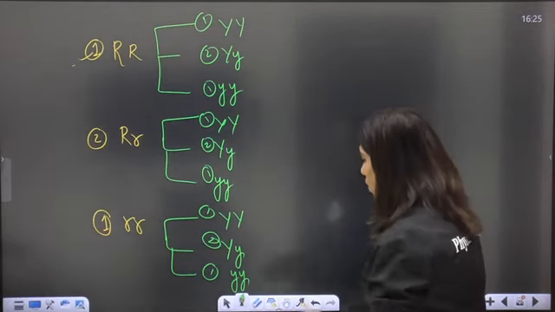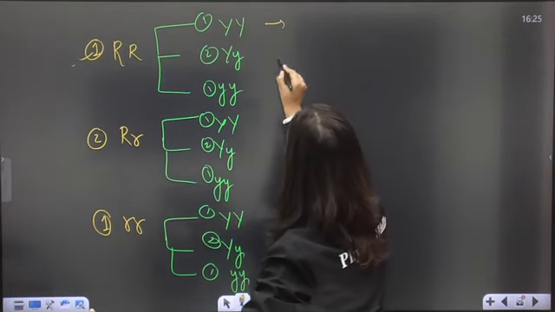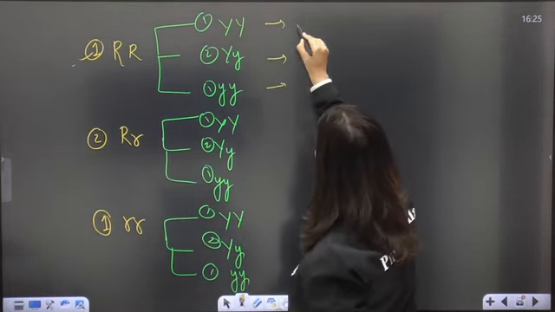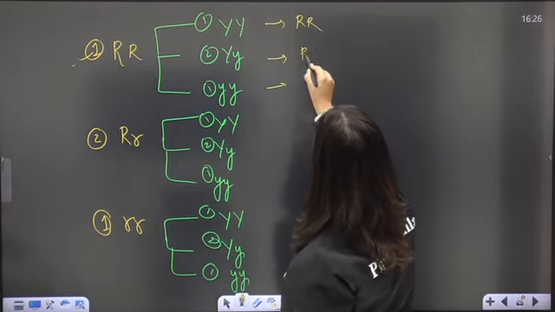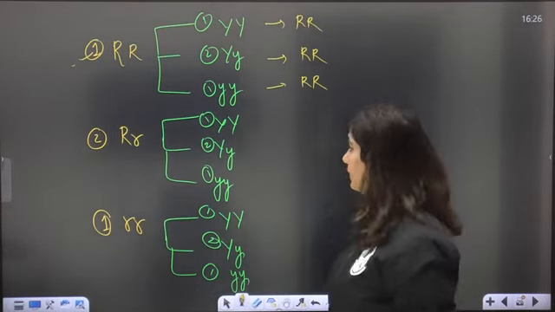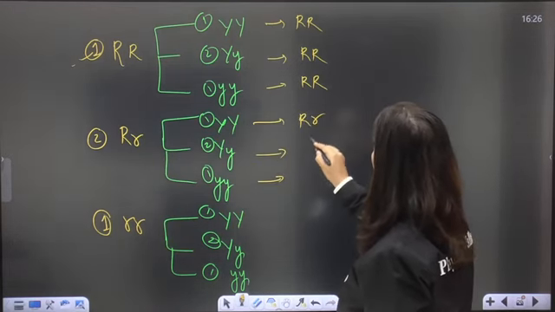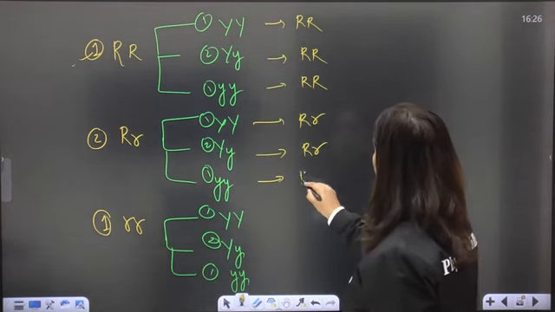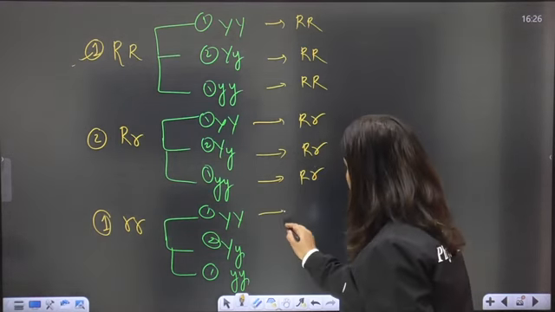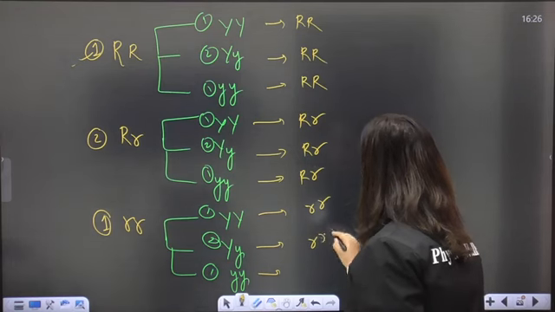Okay, now what you have to do, just write capital R, capital R, capital R first. Capital R, capital R, capital R, capital R, capital R, capital R. Right? Then just write capital R, small r, capital R. Then write small r, small r, small r.